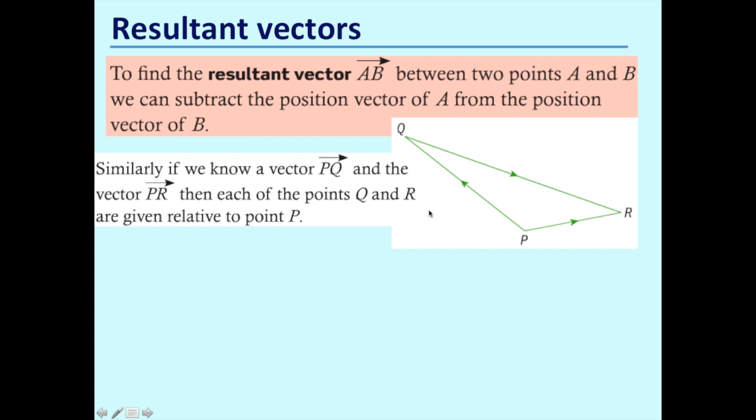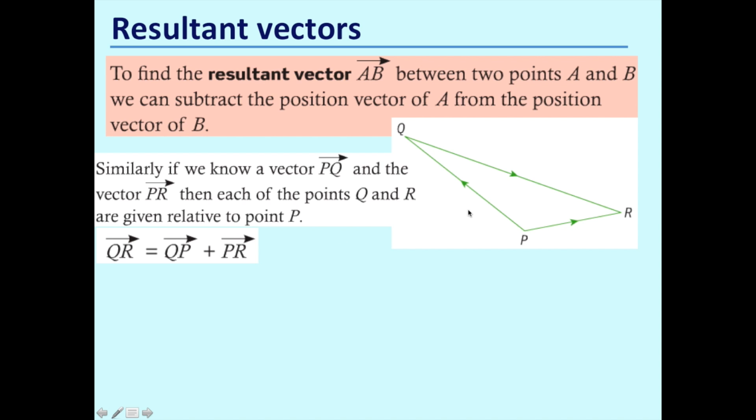So for instance here, if we have vector PQ and we have vector PR, so we have both of these vectors expressed relative to the same point. If that's the case, then we can find out the resultant using a similar approach.